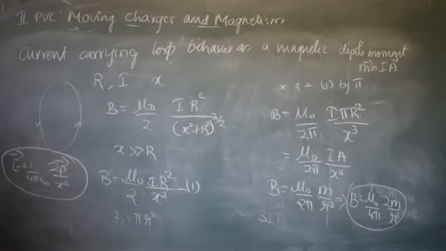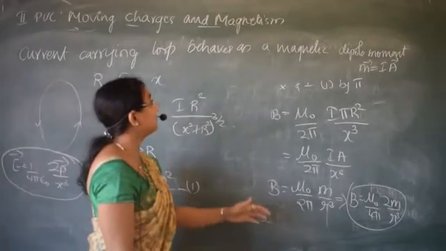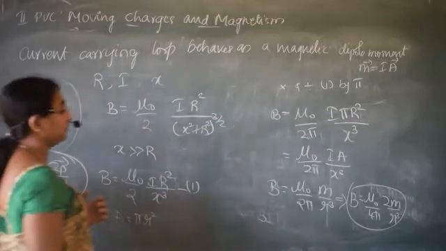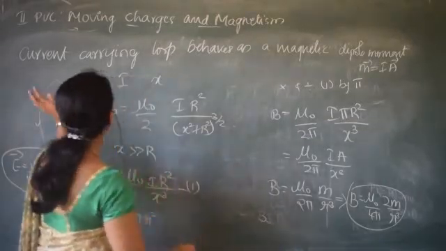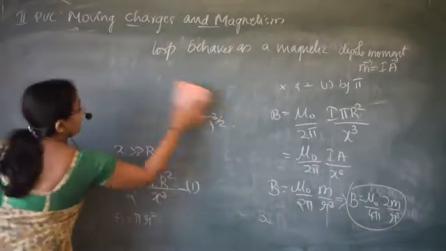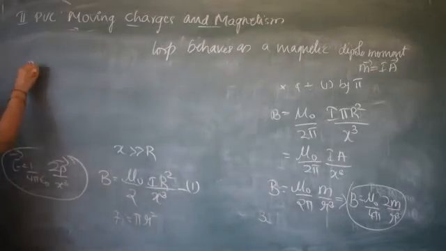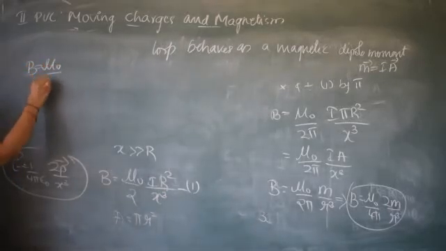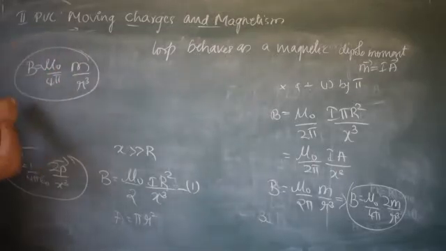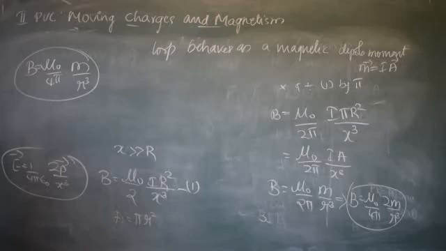Similarly, if we derive it at an equatorial line for the current carrying loop behaving as a magnetic dipole moment, we get B is equal to mu naught by 4 pi, m by x cube.